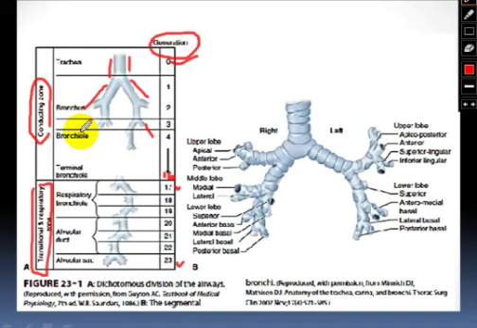And these bronchioles will further divide to form tiny branches known as the terminal bronchioles. The terminal bronchioles will further divide to form respiratory bronchioles, which will in turn divide into tiny branches known as alveolar ducts. The alveolar ducts will in turn divide to form sac-like structures known as the alveolar sac.